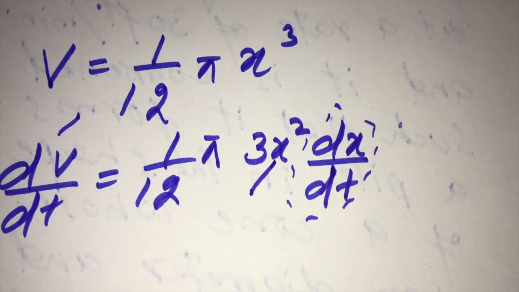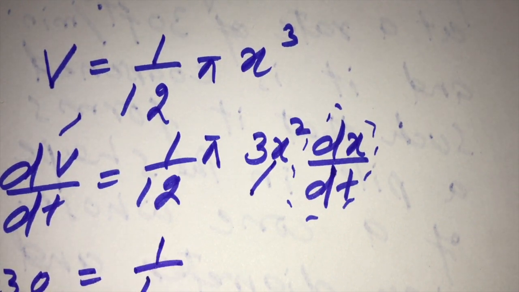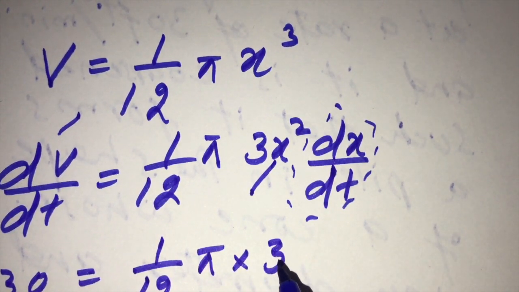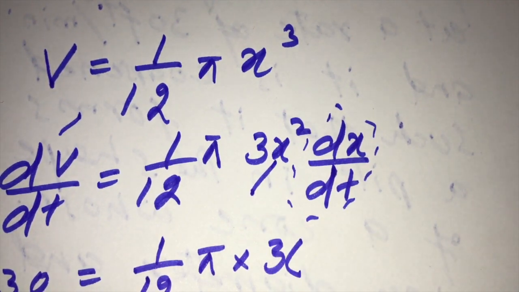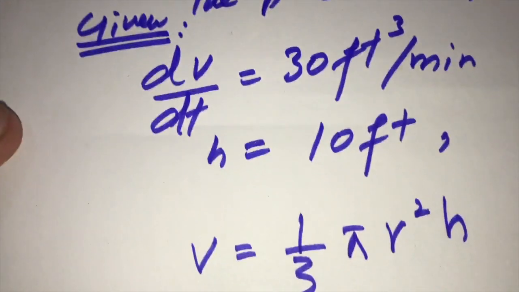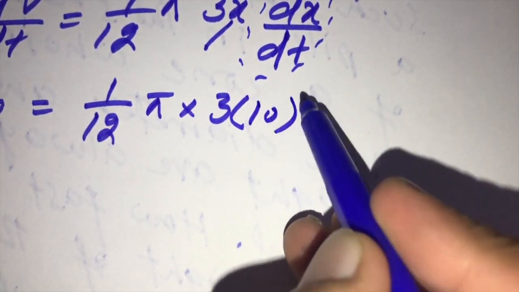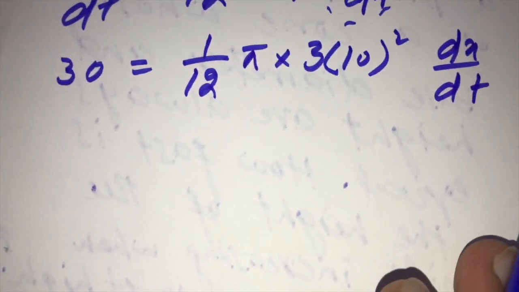we also have the value of dV by dt given, and we also have the value of height h. So put the values here. We get 30 is equal to 1 by 12 pi into 3 into the height h, which is given in our question as 10 feet, so 10 square into dx by dt.